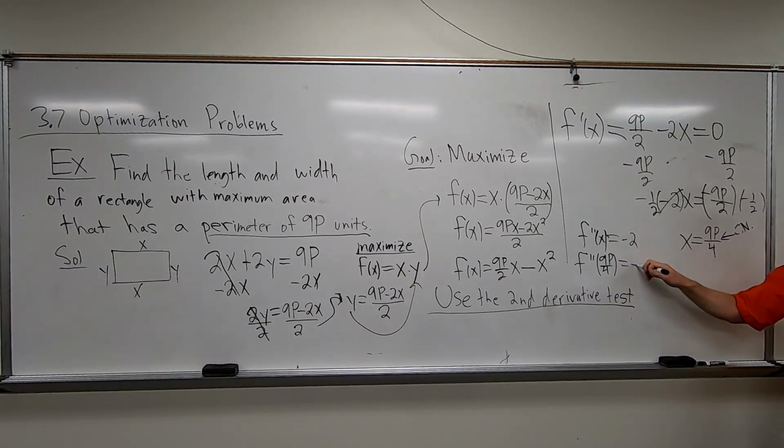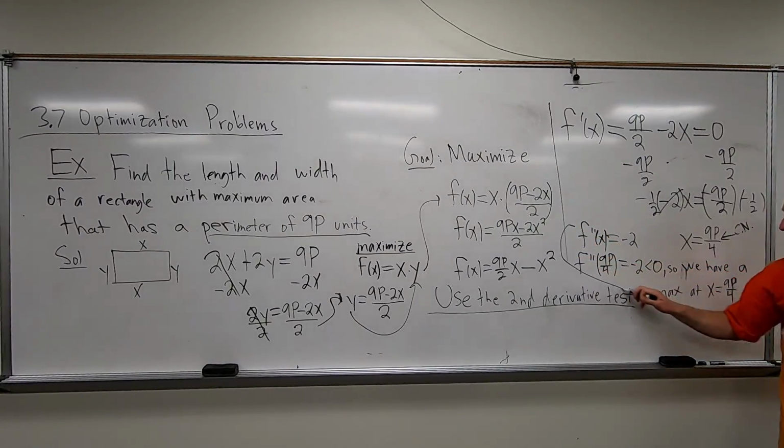It's just -2, which is less than 0, because there's no x. So we have a max at x equals 9p over 4. I like to write it down.